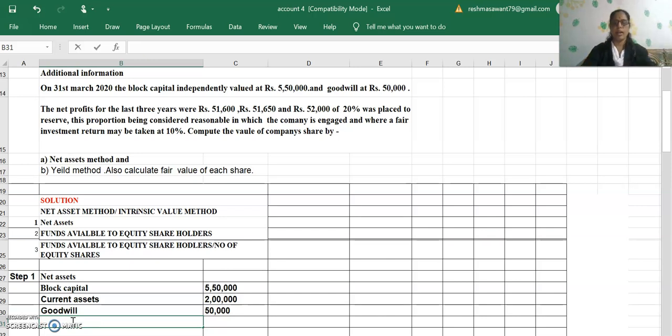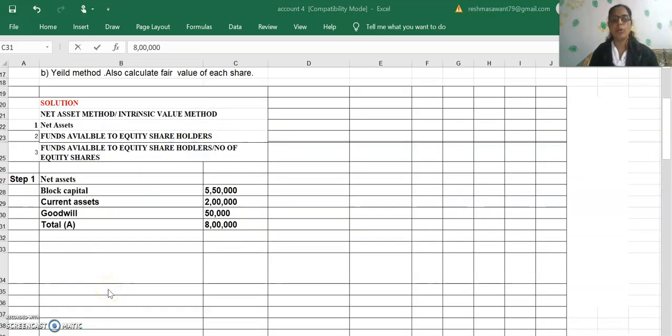So total of A is equal to the total of all assets, that is 550, 2 lakh and 50,000, equal to rupees 8 lakh. This is your total asset.